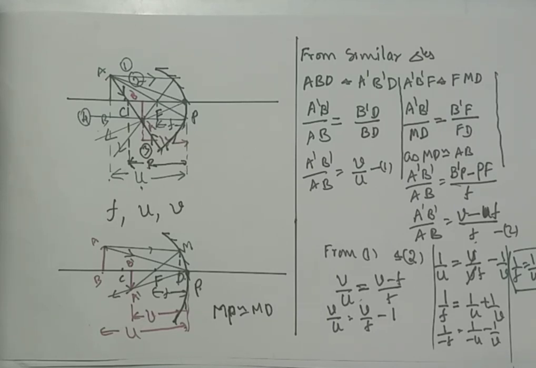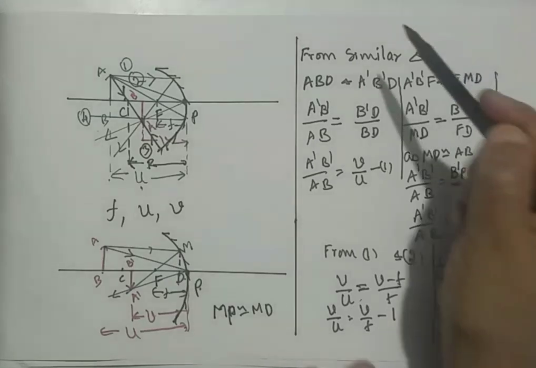Say, in the first step, the figure is to be imagined. In the figure, we write only 2 light rays, one parallel to the principal axis and another straight away falling on the pole. After you write down the figure, you name all the distances U, V, F and all those things. Now, the next step is easy to remember: similar triangles.